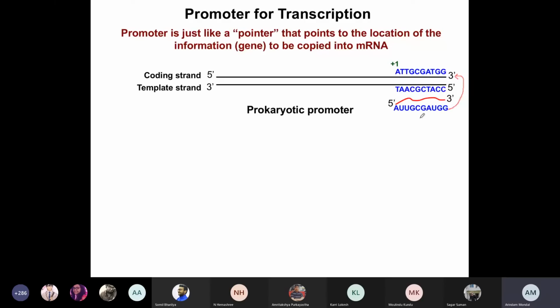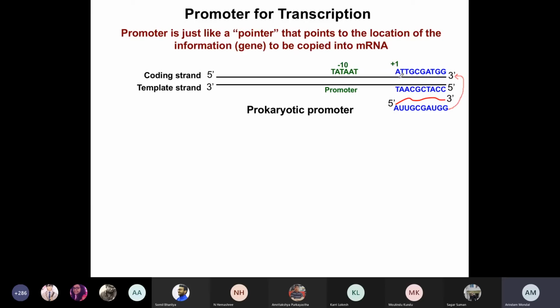The entire information which is needed for the protein synthesis will get transferred from the coding strand to the RNA. Now in order to perform the transcription process, first of all, the polymerase needs to recognize the promoter sequence. So this is +1, that means this is the transcription start site. The transcription start site is always designated as +1.